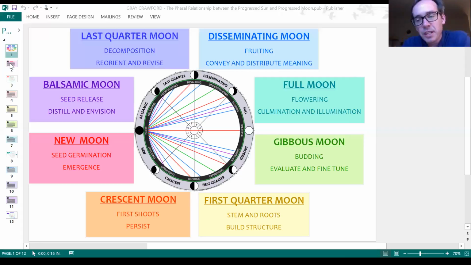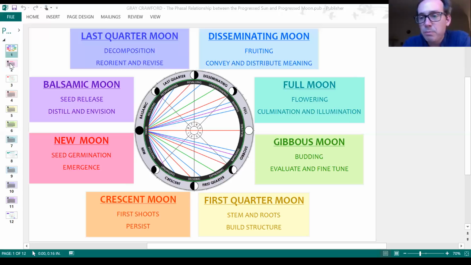And so that means it takes 29 and a half years for you to move all the way through all the phases in your progressed chart. And because we are dividing this into 8 different phases, each one of these 8 phases takes about 3.5 years for you to move through.